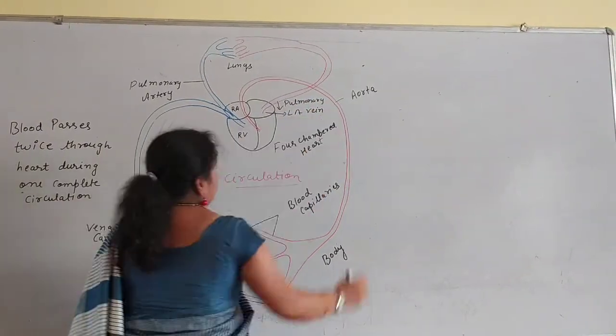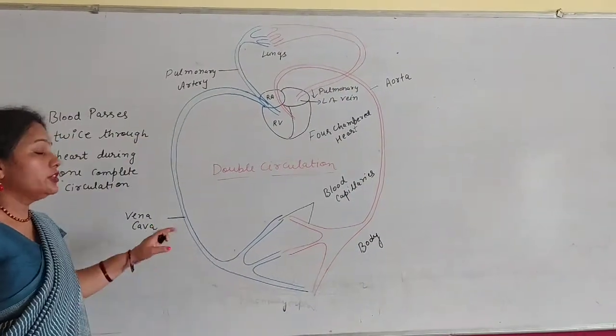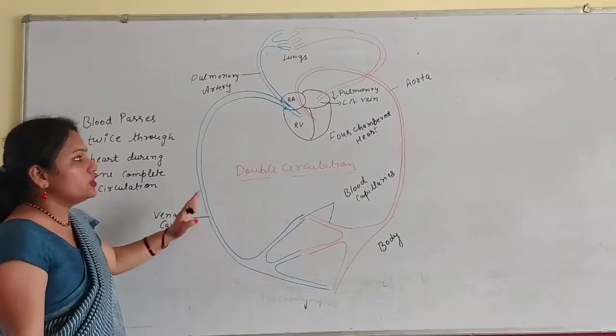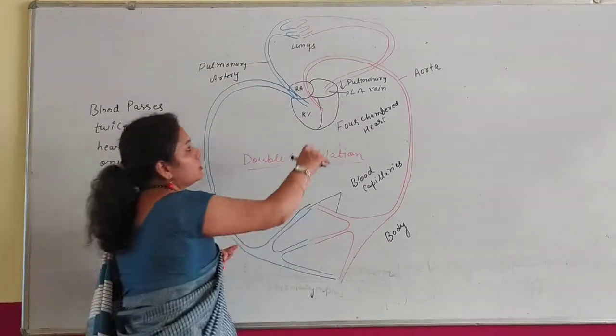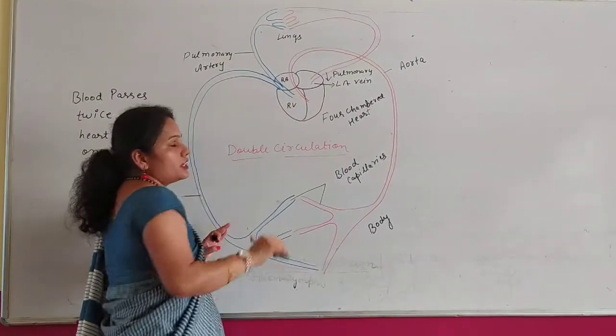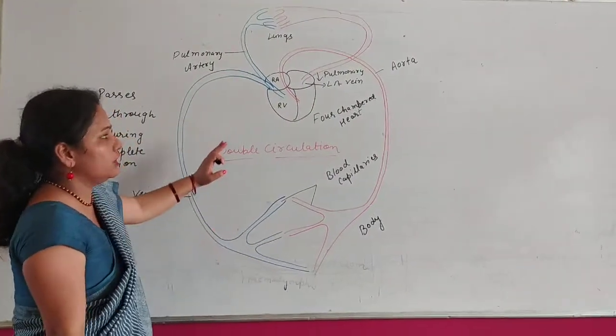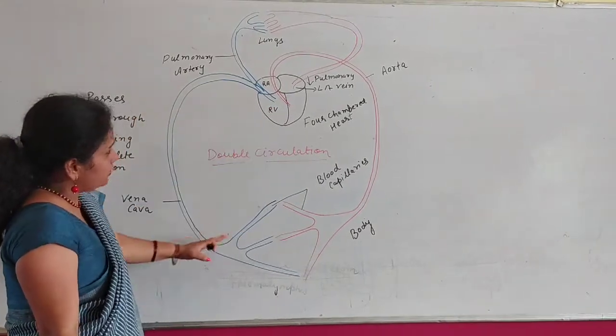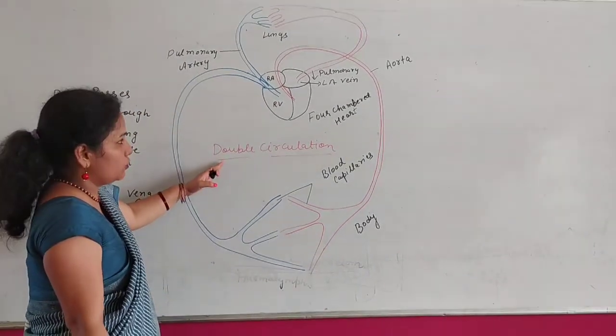I told you that arteries carry the oxygenated blood and veins carry the deoxygenated blood, but here the pulmonary vein is the exception, because this vein carries the oxygenated blood. With the help of this you can understand double circulation.